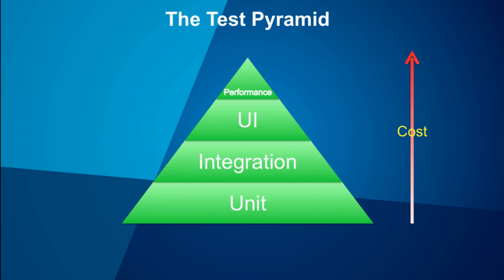They're a little bit more expensive to write. You may need a back end for this. But then you go to UI. This is Selenium. This is very expensive. They're both long-running and challenging to write, but they also do a full integration. They test from front to back. Really valuable. And then you have performance.